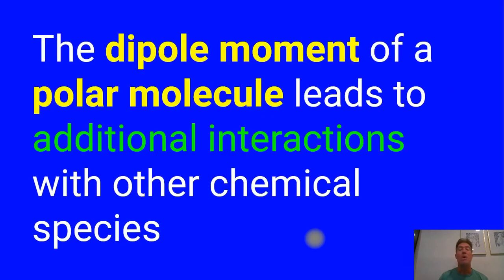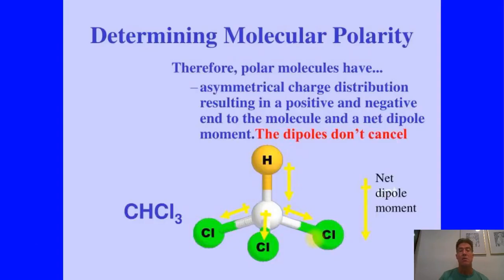Now, the dipole moment of a polar molecule, that is the overall net charge of a molecule, can lead to additional interactions. So remember, when we are looking at molecules' polarity, we look at the more electronegative atoms.